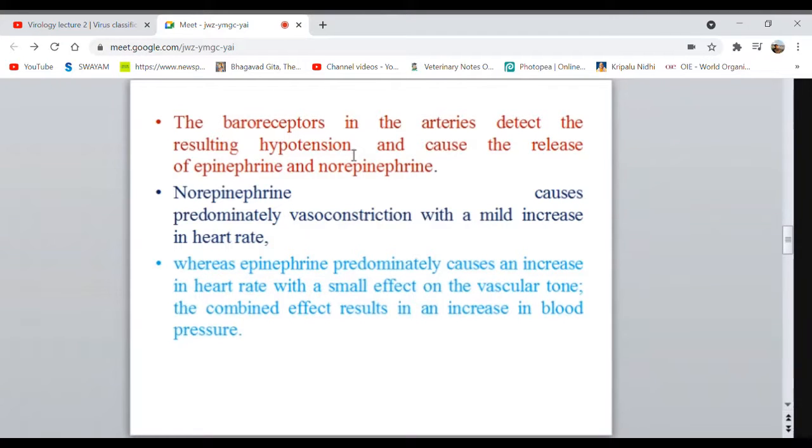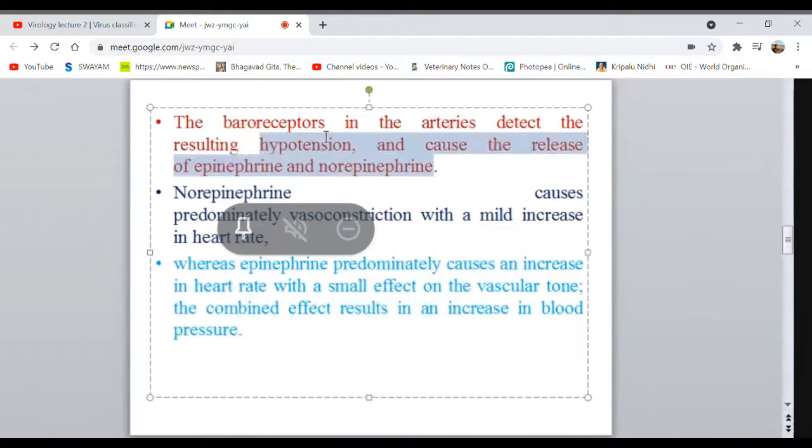The baroreceptors, which act as a pressure sensor in the arteries, detect the hypertension and cause the release of epinephrine and norepinephrine.